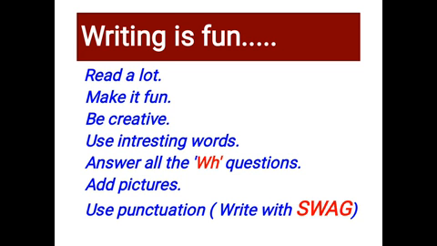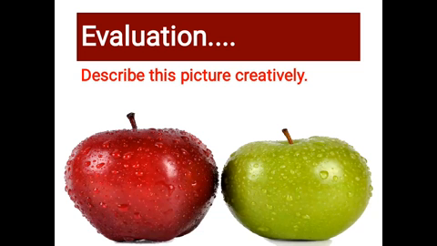Answer all the WH questions. Yes. I saw a cat. What kind of cat? I saw a black cat. What was it doing? I saw a black cat climbing on a fence. Where? I saw a black cat climbing on a fence in the backyard. How?